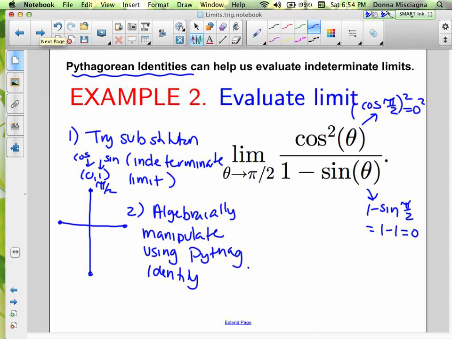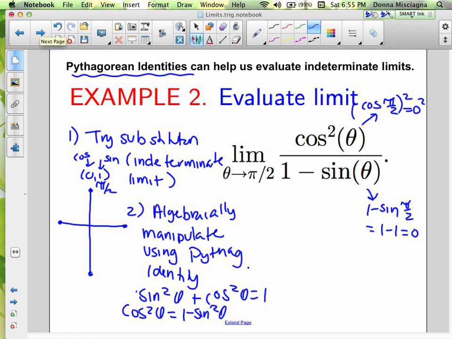Right, so reminder, sine squared theta plus cosine squared theta is equal to 1. If I subtract sine squared theta from both sides, right over here so I don't run out of space, cosine squared theta is equal to 1 minus sine squared theta.